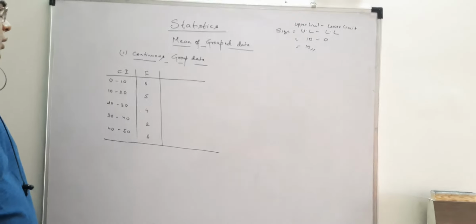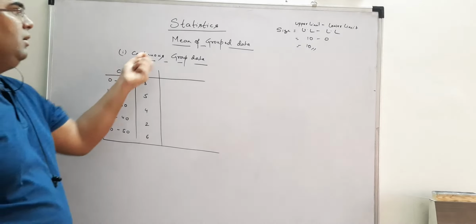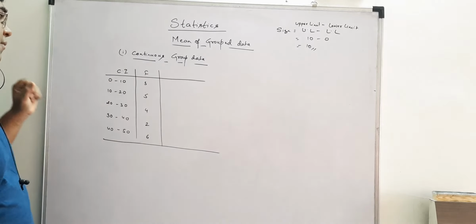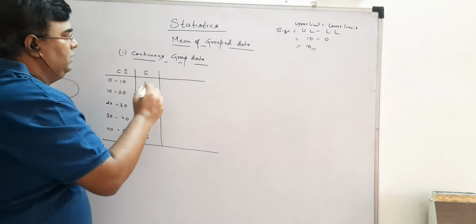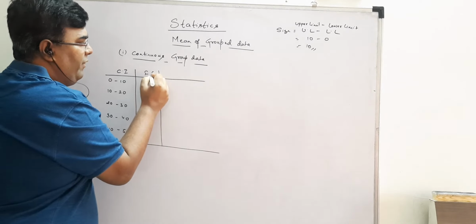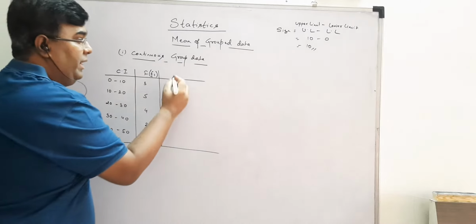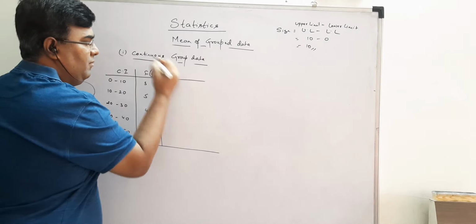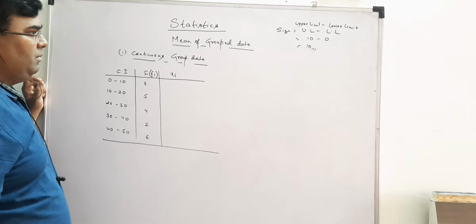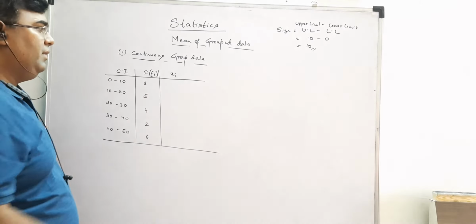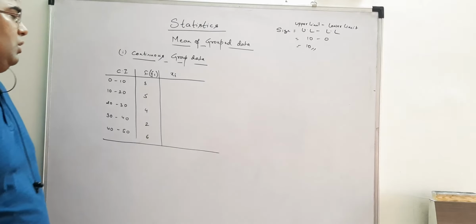Okay, now let us find out how to find the mean of this data. Here f is basically my fi. Just like in the earlier class, we need to find xi, because we know the formula with xi and fi. What is my xi?